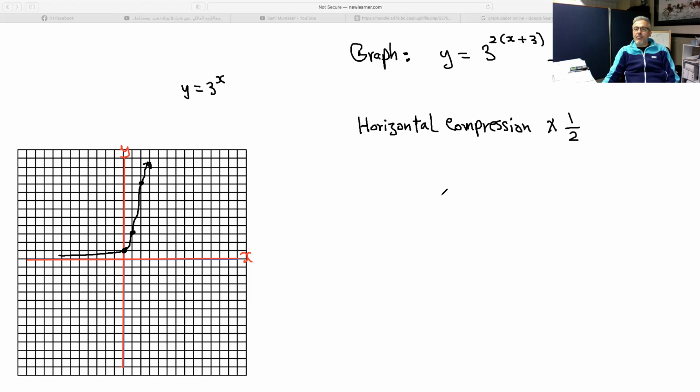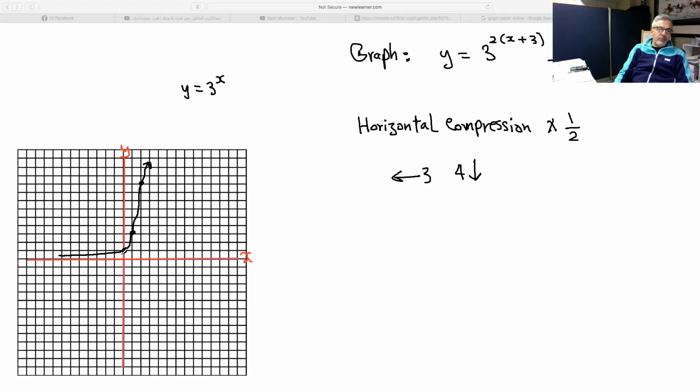And what else do we have? We have 3 to the left and 4 down. So these are the transformations we have for this graph compared to this graph right here.